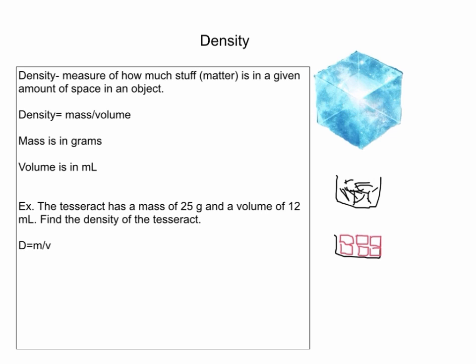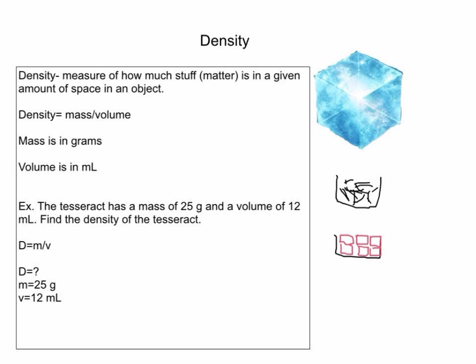Now I'm going to make a list of what I know. I don't know the density, so I'll say density D equals question mark. I know the mass, so I'm going to say mass equals 25 grams. And I know the volume because the volume equals 12 milliliters.